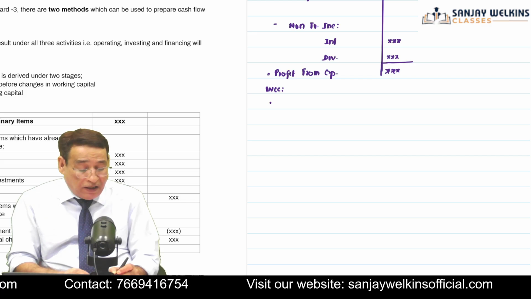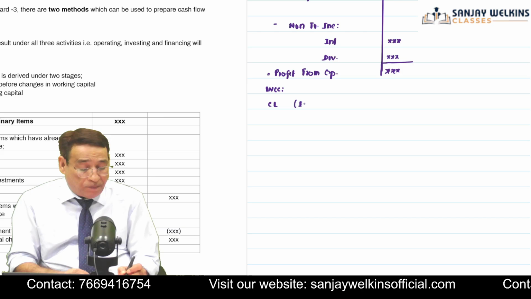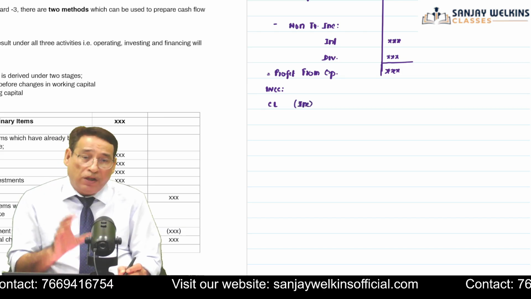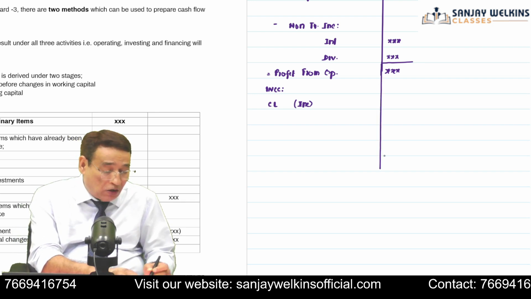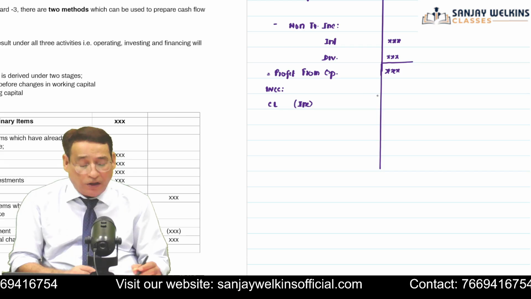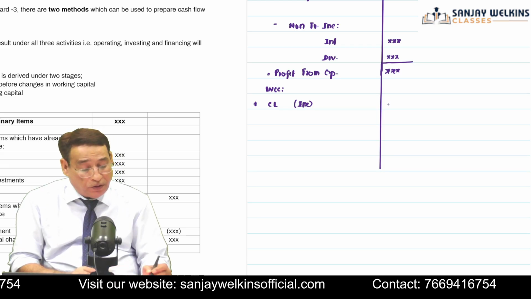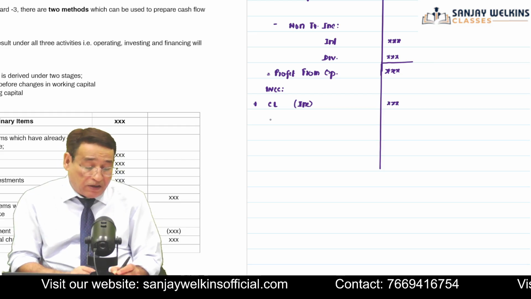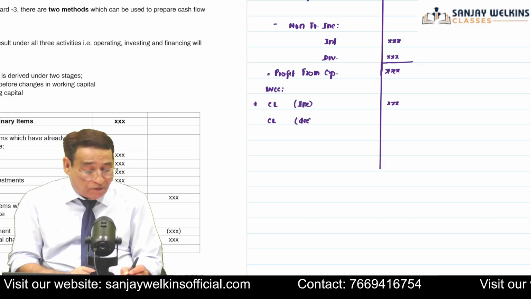As far as current liabilities are concerned, if current liabilities are increasing, in your earlier phases of education you were told that you simply add it, and yes, this is exactly what we are supposed to do, and I will tell you the logic behind that later on. Similarly, if current liability would decrease, I will have to subtract the same.